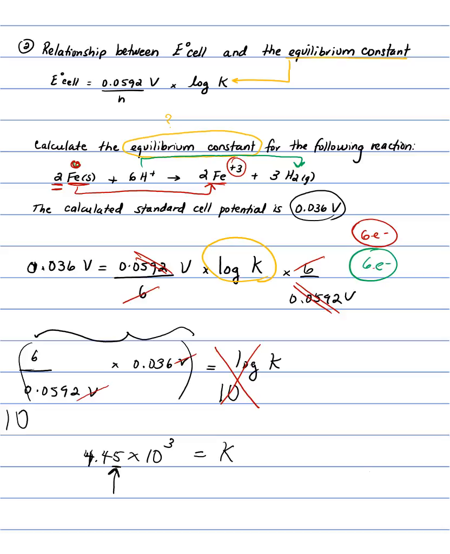The value of K, right, is telling you how much product you have when the reaction reaches equilibrium. You have a large value of K, which means that you can assume that this reaction goes to completion. When the reaction reaches equilibrium, you have mostly everything that you have present.